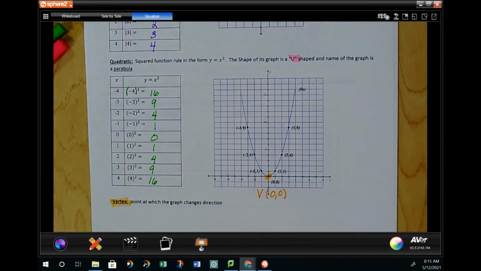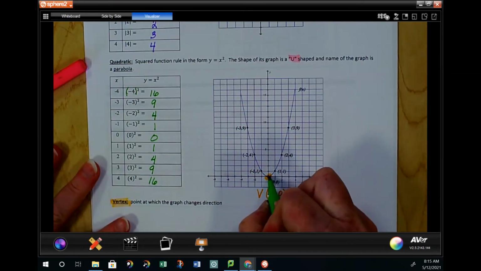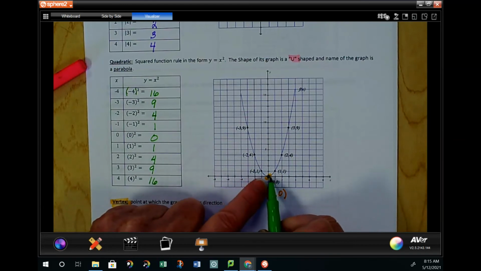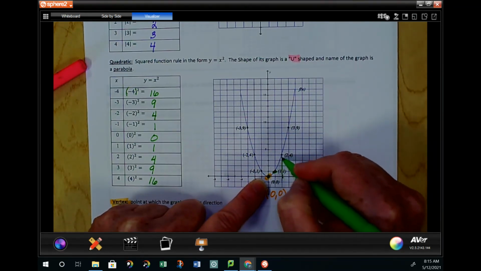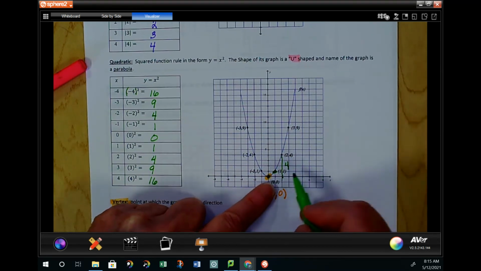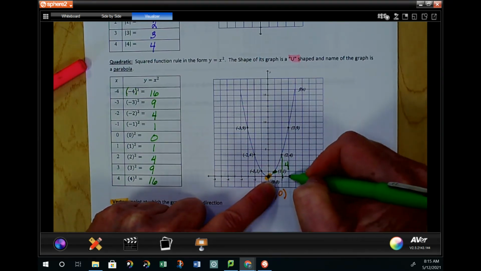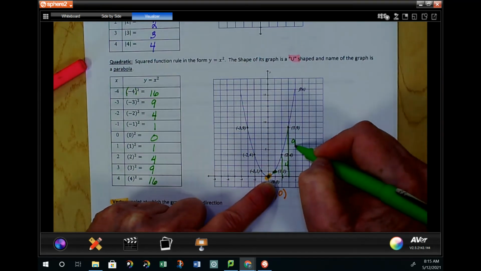To get your points on a quadratic, it always goes from your vertex point. When I move to the right 1, I go up 1. When I move to the right 2, I go up 4. When I go to the right 3, I go up 9.